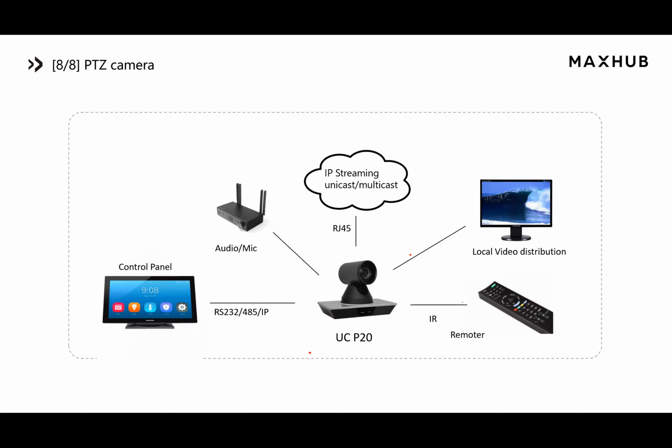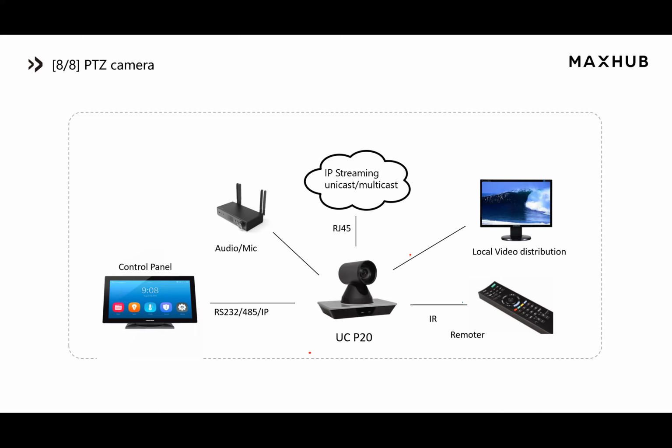Because it has zoom in and zoom out, you can use the RS232 protocol to control it, because it's used in a wide and bigger meeting room. It doesn't have audio or a microphone inside, because it's not for the small or medium meeting room. You need an extender audio or microphone outside.